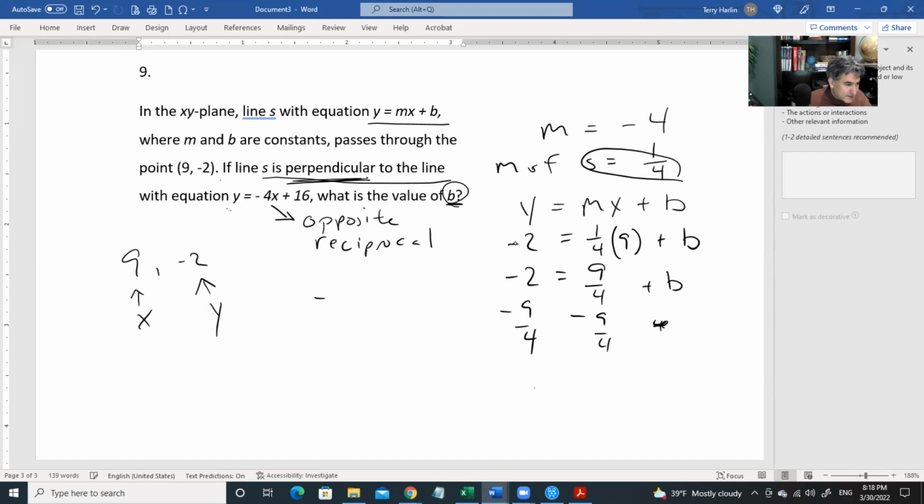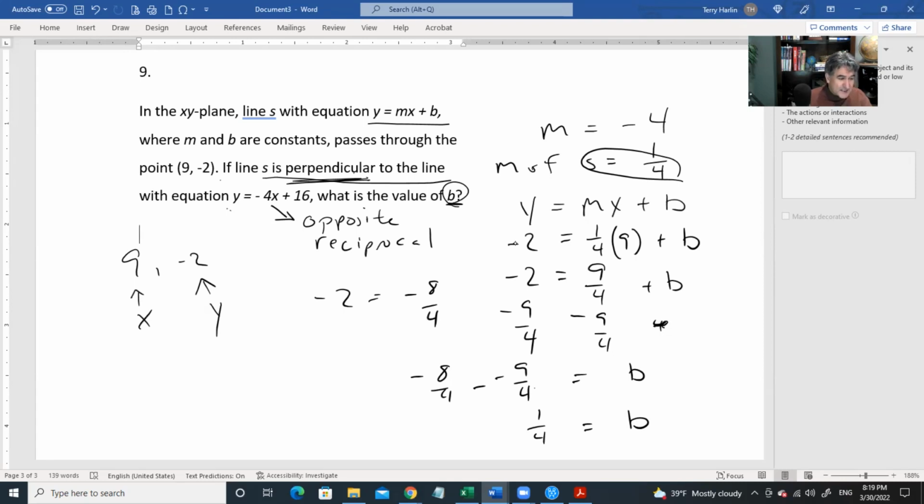So that's going to be -8/4, and so I'm going to have -8/4 minus 9/4 equals b. So -8/4 minus 9/4 is going to give me -17/4... and 1/4 equals b. Now you want to watch your signs and you want to be careful of that.